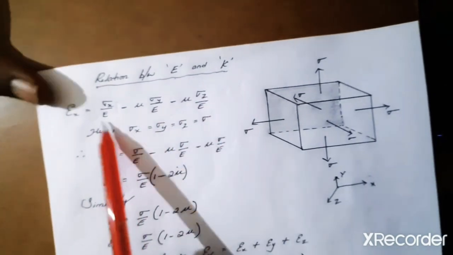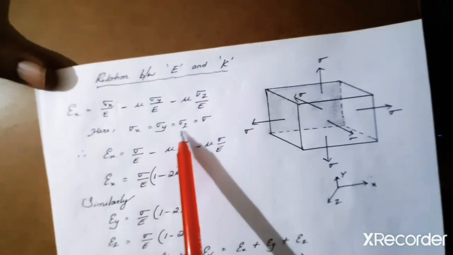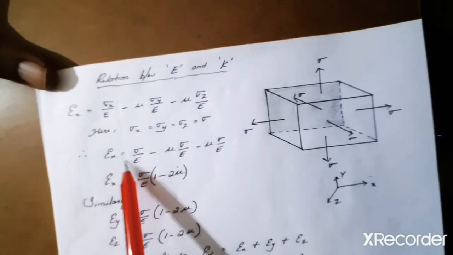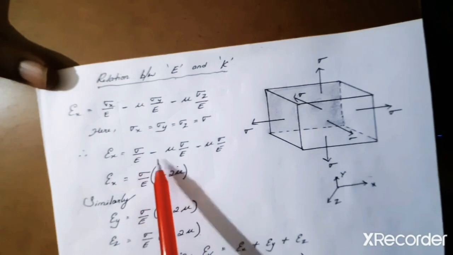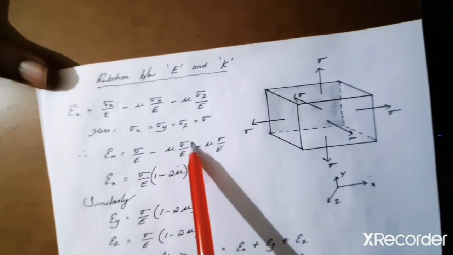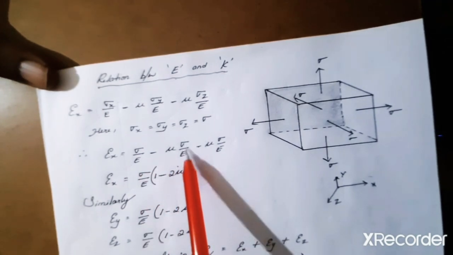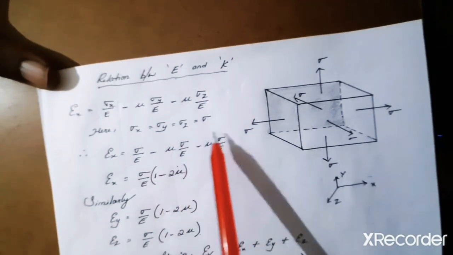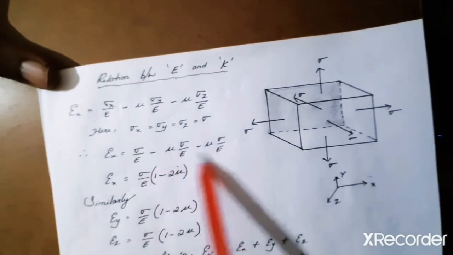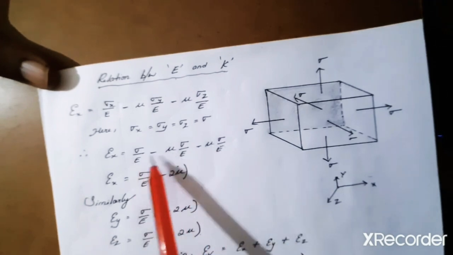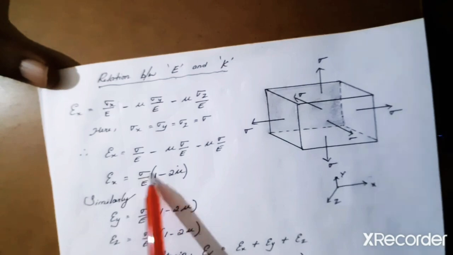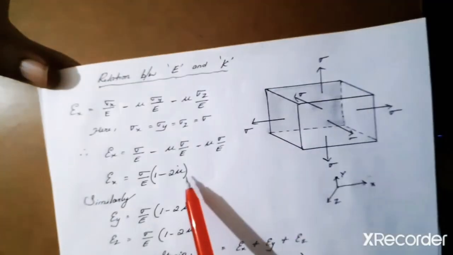Now I can simplify this equation. Sigma x equals sigma y equals sigma z equals sigma. Therefore, epsilon x equals sigma by E minus mu into sigma by E minus mu into sigma by E. These two are the same terms, so taking the common term and adding these two, we get sigma by E into 1 minus 2 mu.